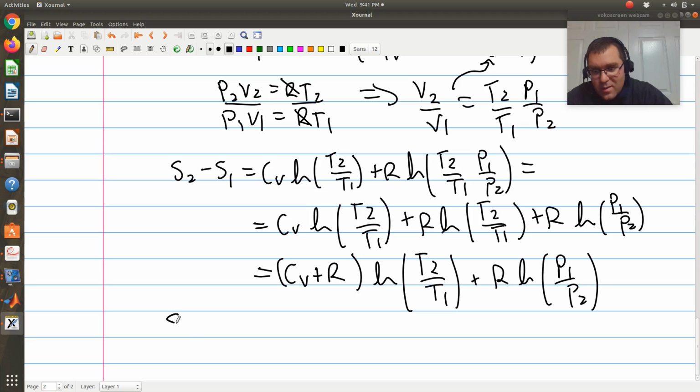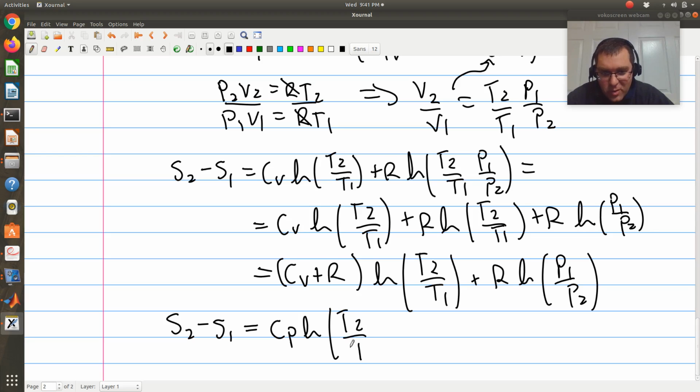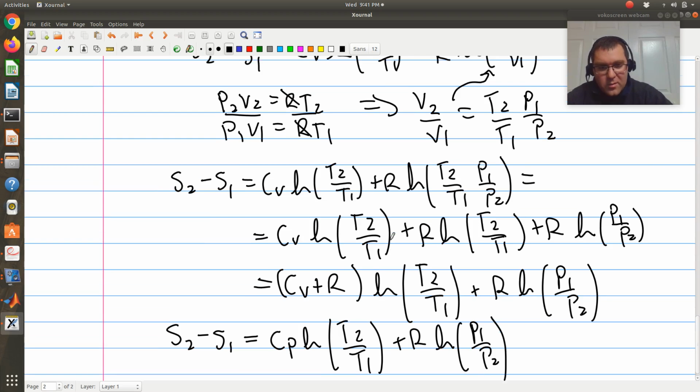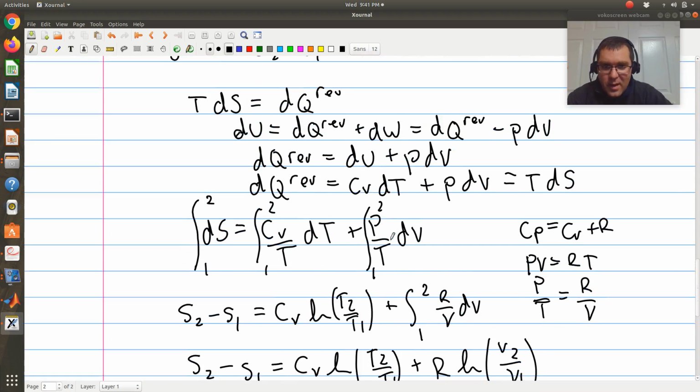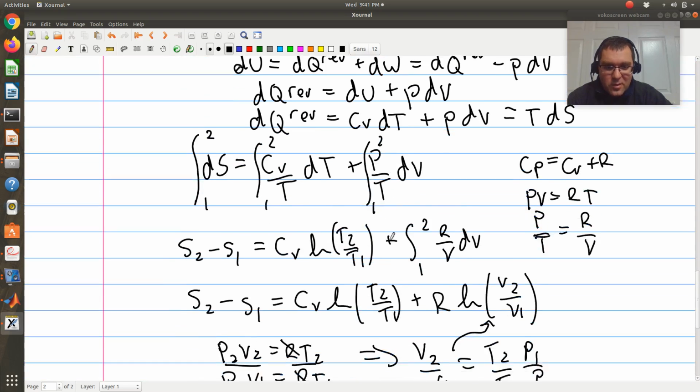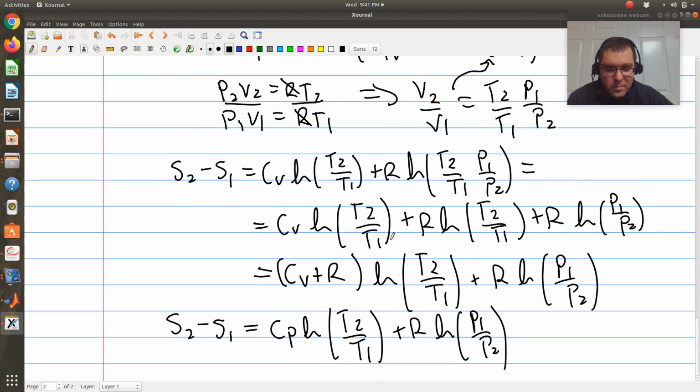So I get my general expression for my change in entropy: S2 minus S1 is Cp log T2 over T1 plus R log P1 over P2. That gives me delta S, which in this case is equal to S gen.